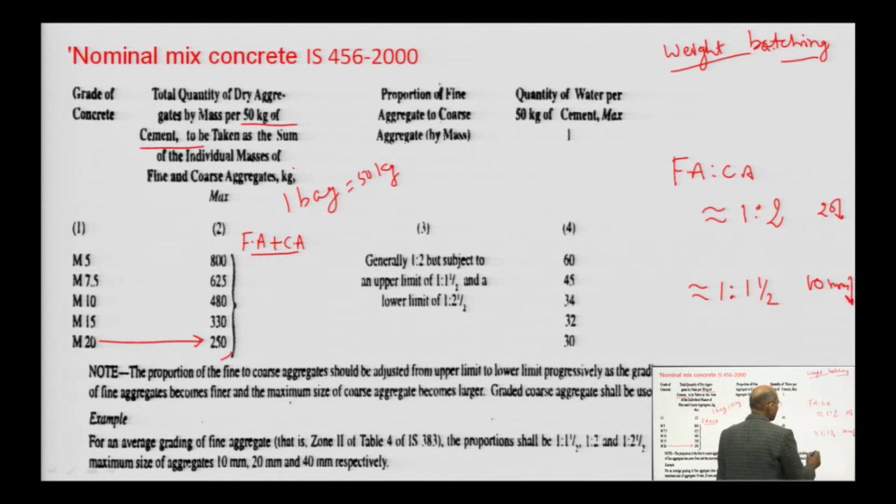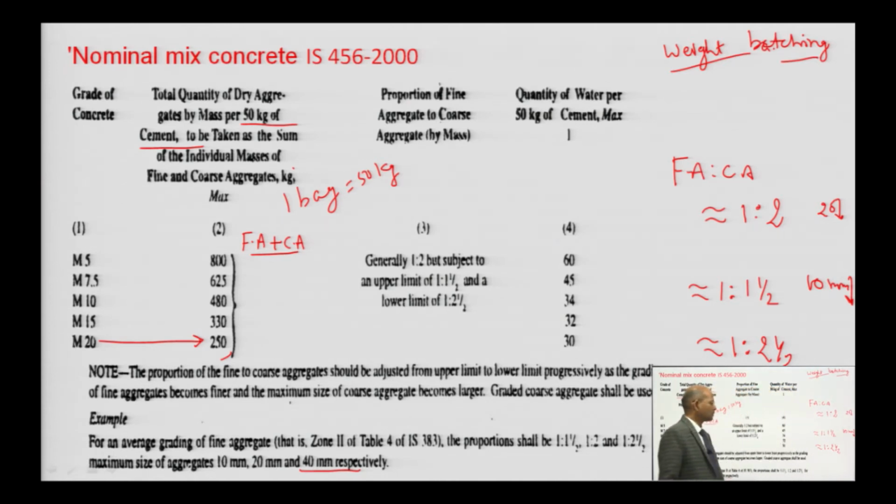And if your size of aggregate is larger, say you have a 40 mm size, in that case you can use 1:2.5. But in the trial it is not always exactly 1:2; you take some amount and see whether you are going to get the workability properly or not.